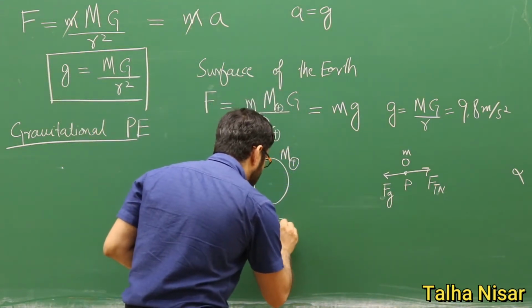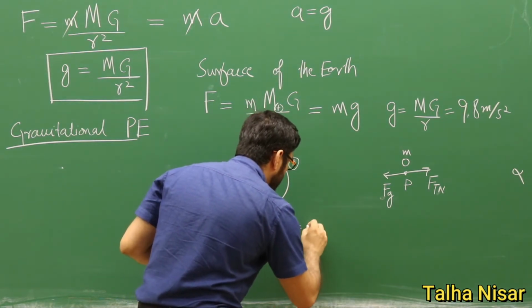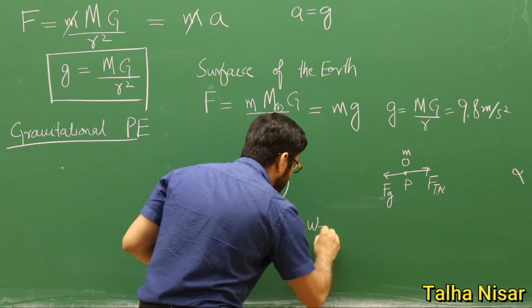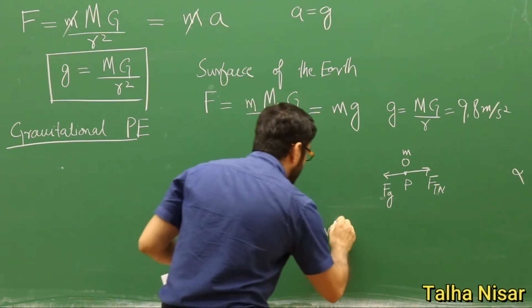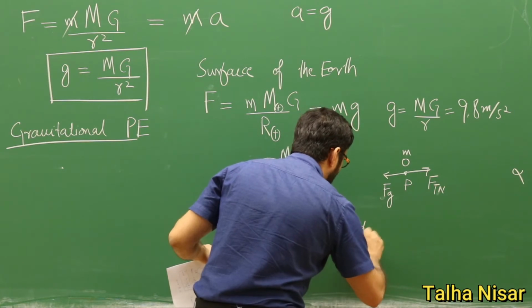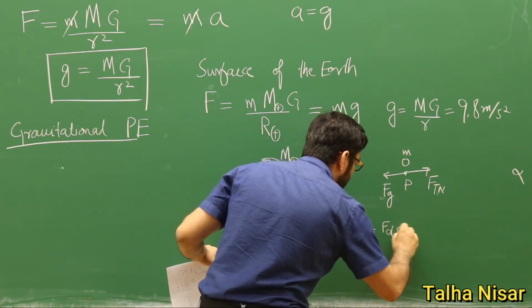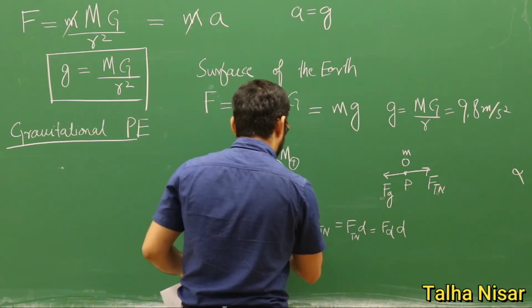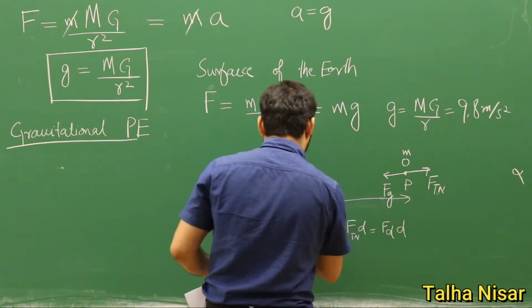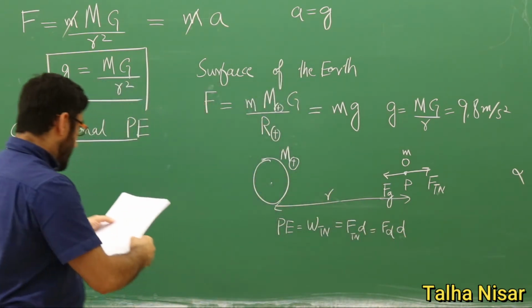We said that the potential energy is equal to the work done by me, which is the force multiplied by distance, or the force by gravity times this distance, and in this case the d is the r here.